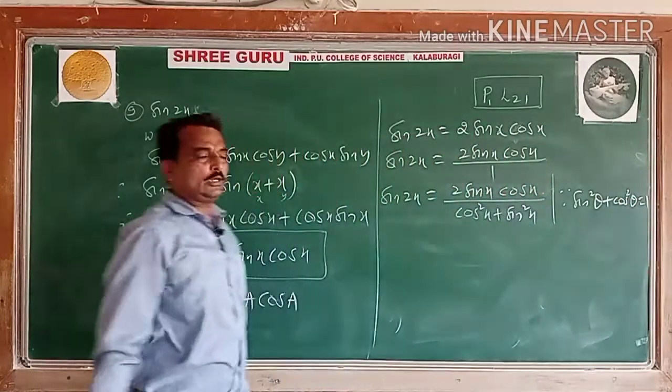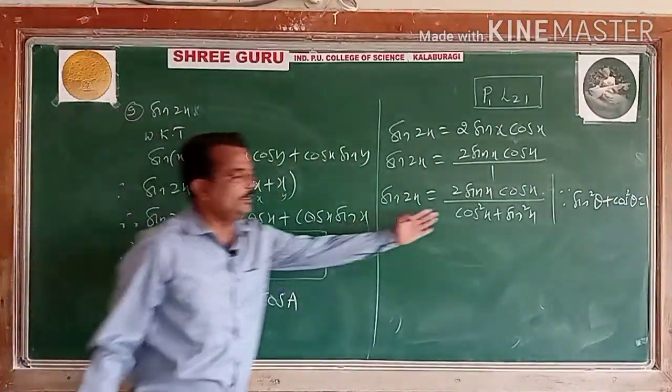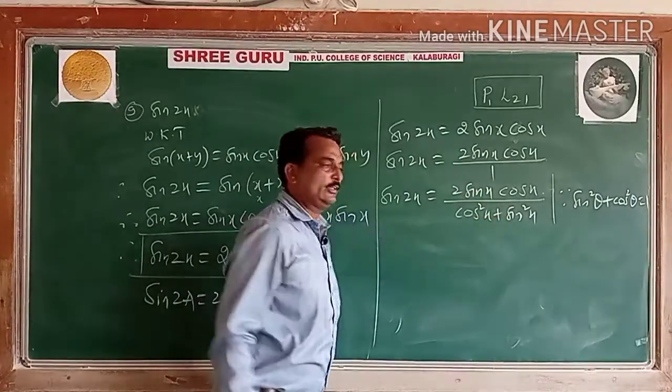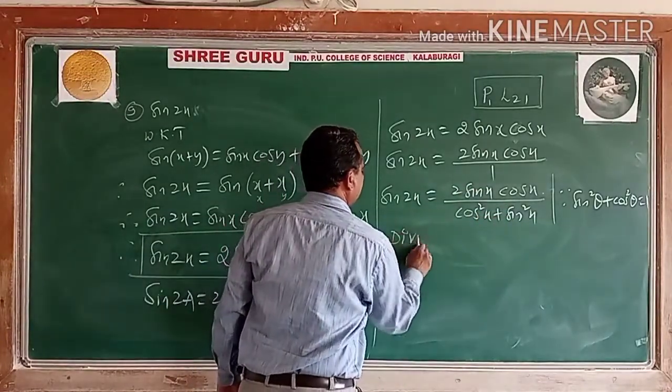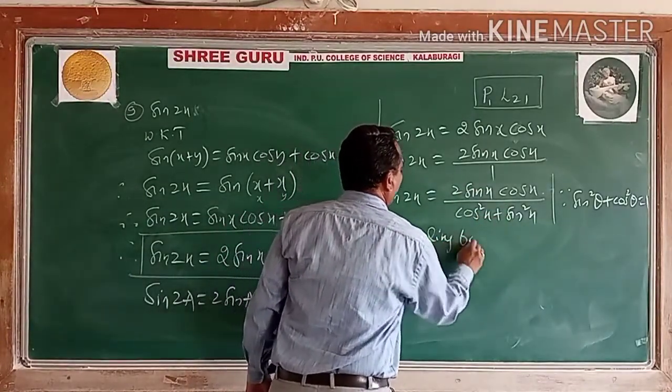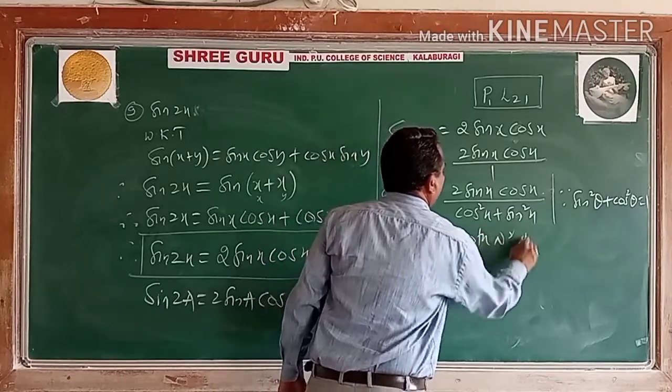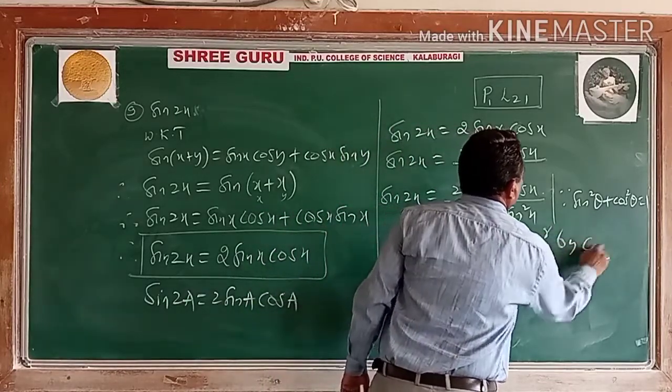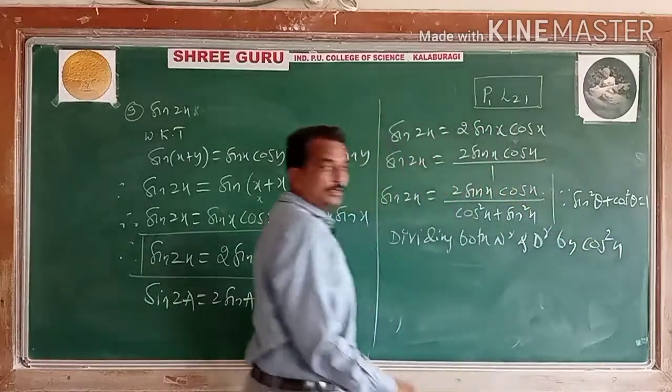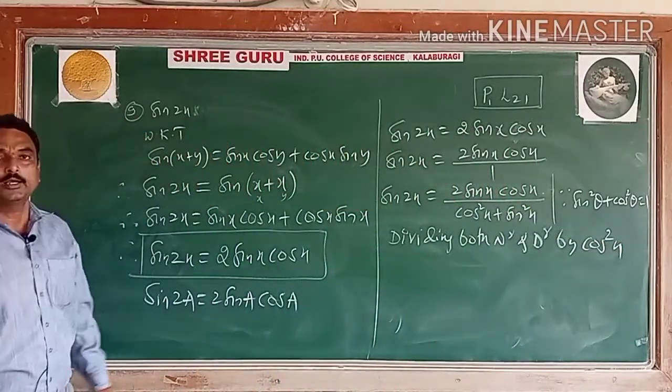Dividing both numerator and denominator by cos square x.